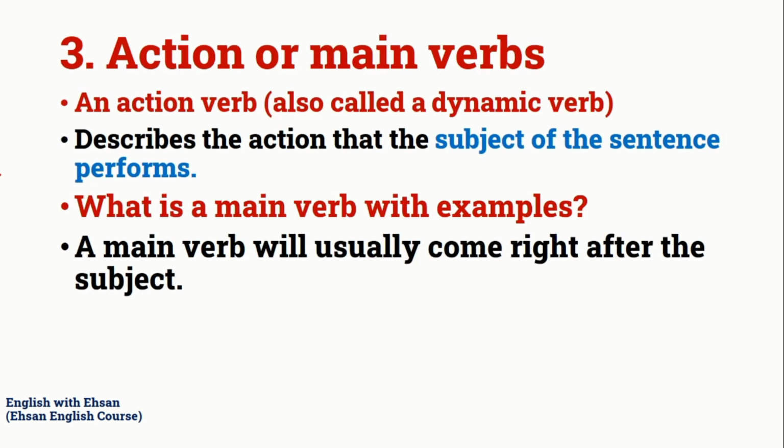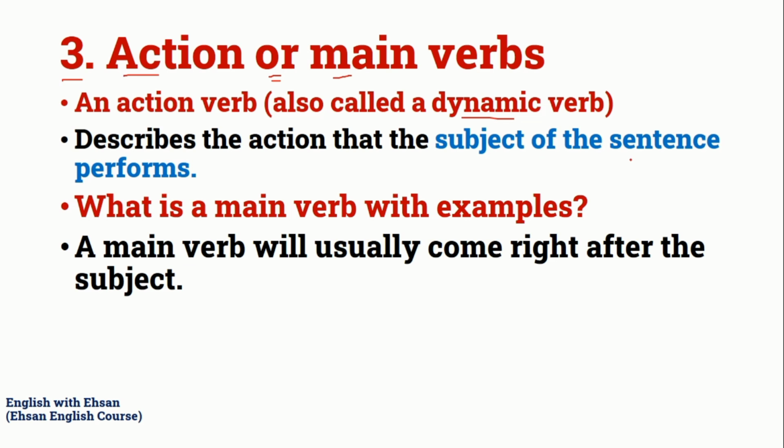Okay, action verb or main verb, both are the same, or they can be used interchangeably. An action verb, also called a dynamic verb, describes the action that the subject of the sentence performs.